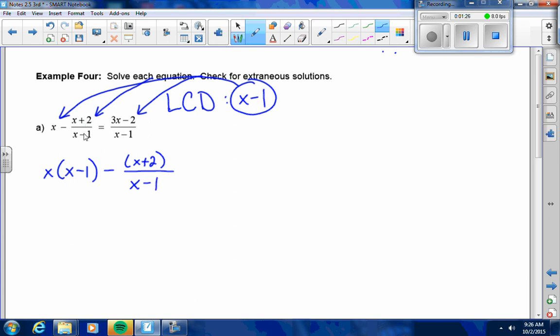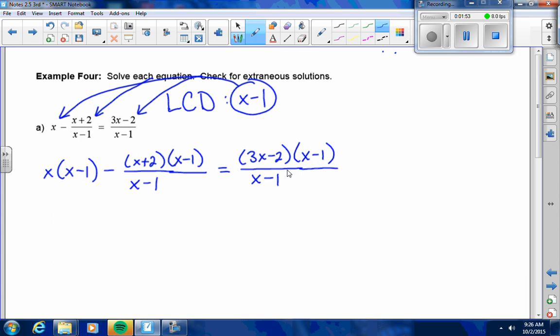But that fraction also gets multiplied times the least common denominator of x minus 1. Okay, so I multiply the numerator by x minus 1. Bring down the equals. Then I take this last fraction, 3x minus 2 over x minus 1, and I multiply it by the least common denominator of x minus 1.